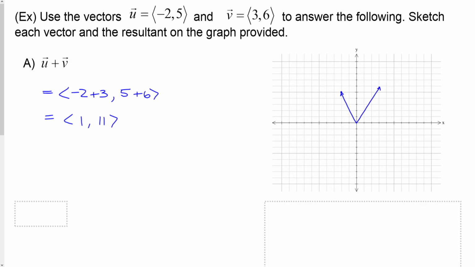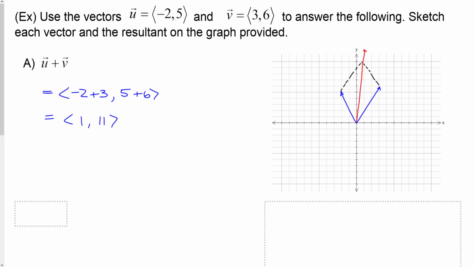Now, if I create a parallelogram, and I do it as accurately as I can, which I can't promise is going to be extremely accurate. I think I'm actually pretty far off. Well, let's see what happens. So 1, 11 would actually be right here, up here.